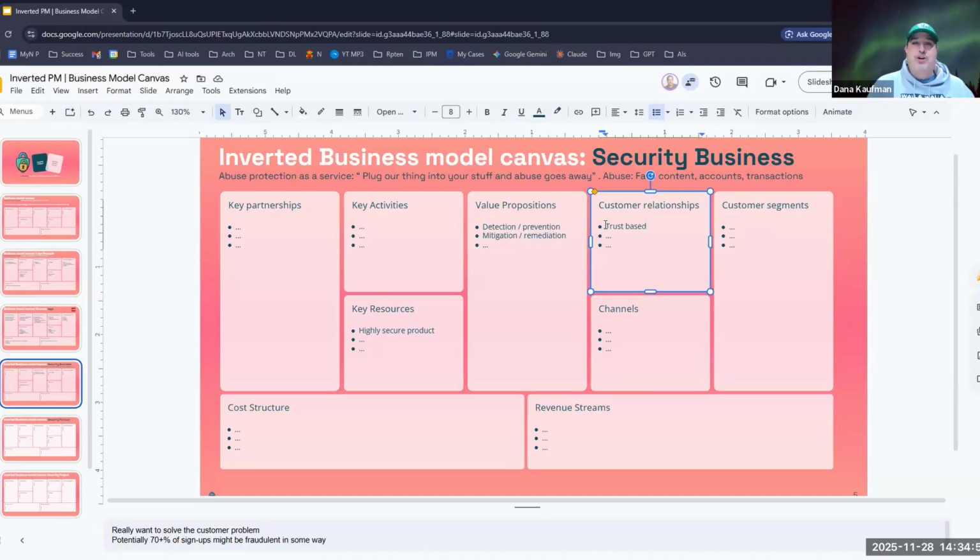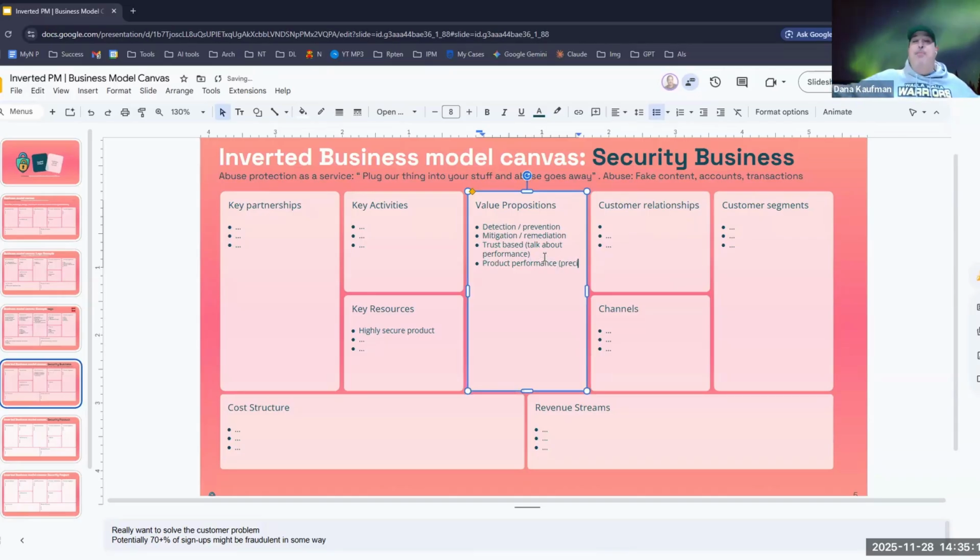I think you need to talk about why customers should trust your platform, right? It becomes part of your value proposition. And then that also goes into the accuracy of what you're detecting and preventing.